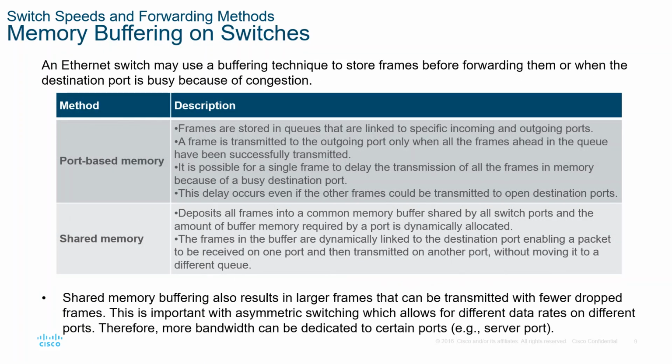Now, besides the frame forwarding technique, we also have memory buffering techniques on switches. The Ethernet switch uses two main buffering techniques to store frames before forwarding them to the destination. The first technique is port-based memory, and the second is shared memory. In port-based memory, frames are stored in queues that are linked to specific incoming and outgoing ports.